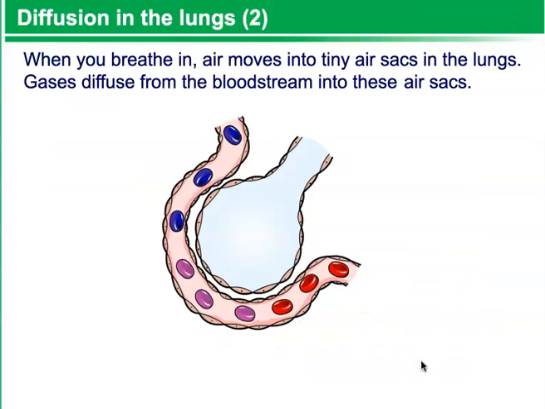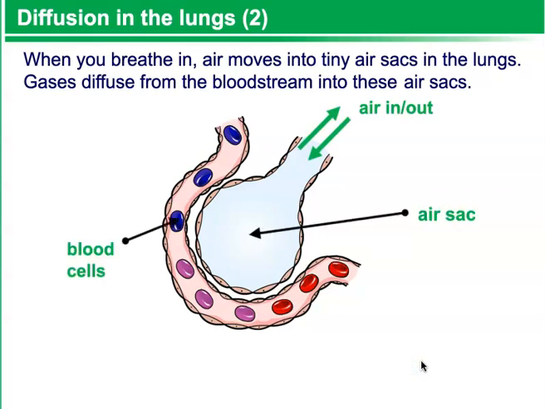When you breathe in, air moves into tiny air sacs in the lungs, and gases diffuse from the bloodstream into these air sacs. The blue-colored cell represents blood without oxygen, and so they are most likely releasing CO2.